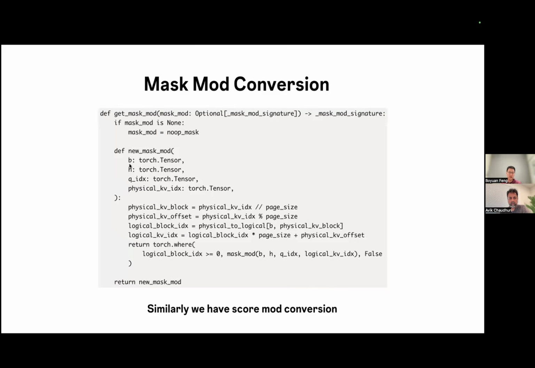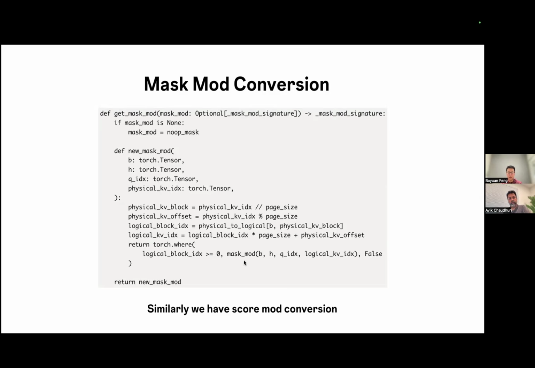So basically, we take the original mask mod and return a converted mask mod. For the converted mask mod, we take the same batch index, height, and query index, but we take the physical KV index. After that, we do some index computation to get the original logical KV index.